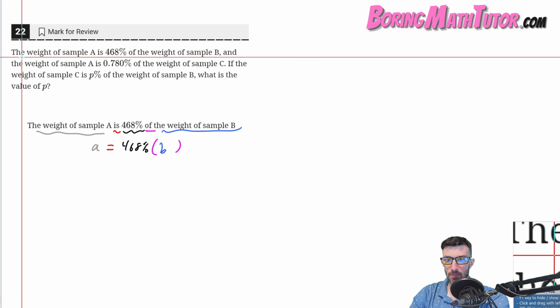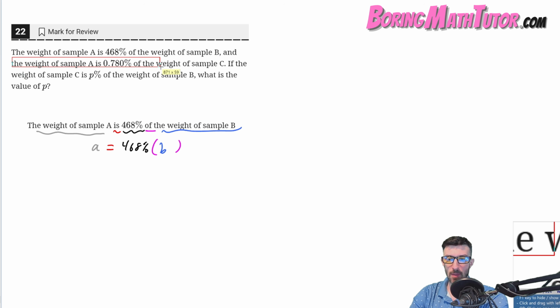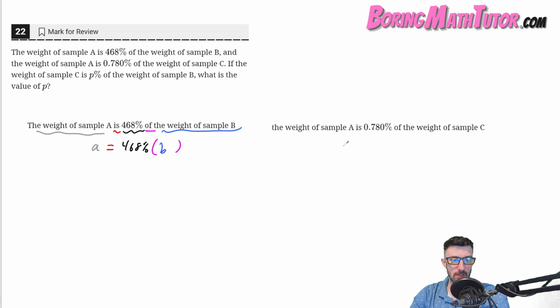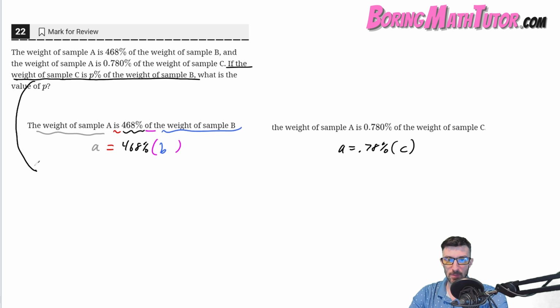Now we're going to do the same thing for the next part here. It says the weight of sample A is 0.78%. So A equals 0.78% of C. Now they're saying if the weight of sample C is P% of the weight of sample B, C equals P% of B. Then what are they asking me for?